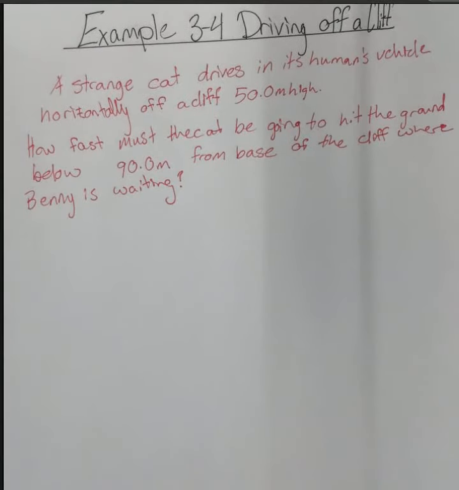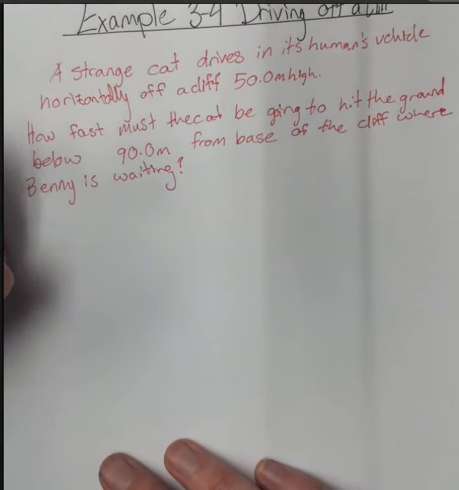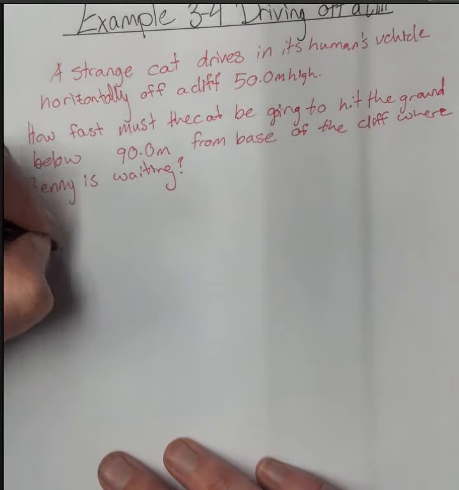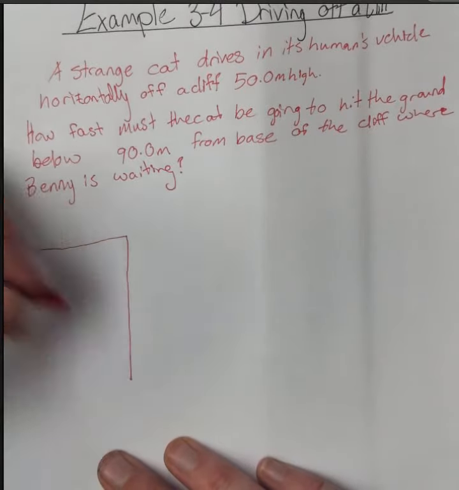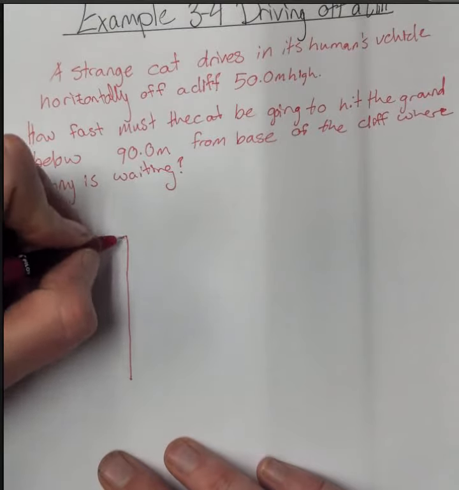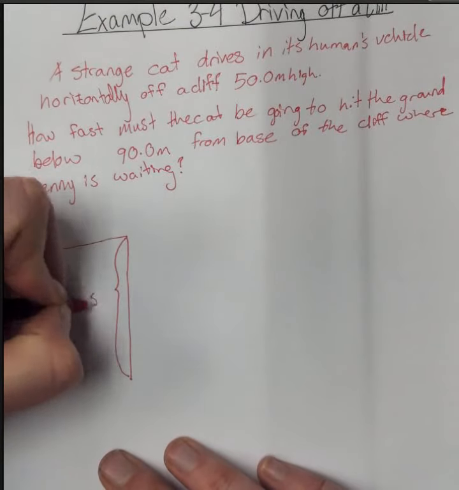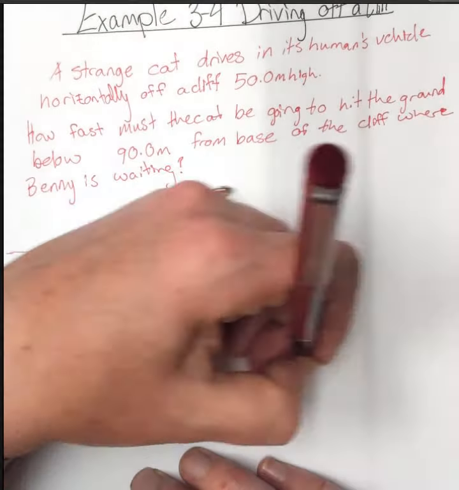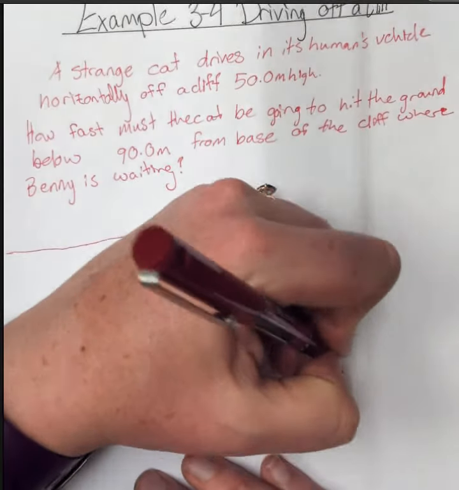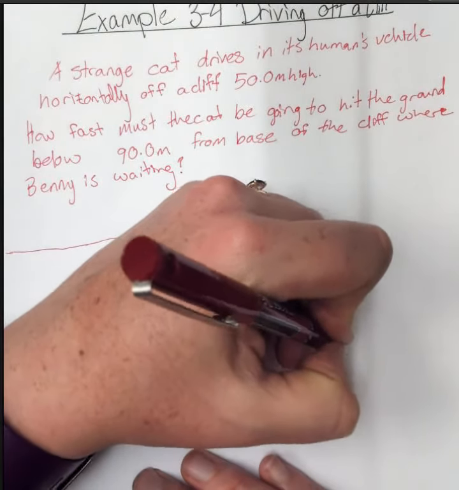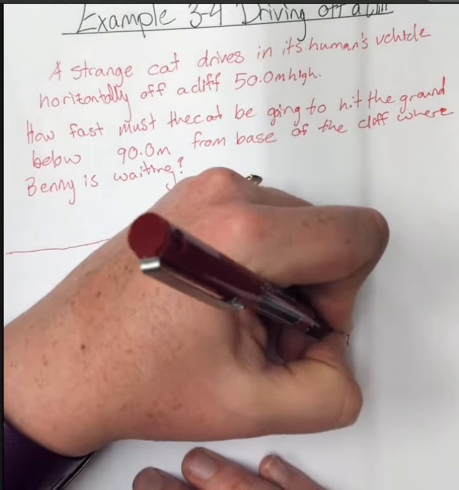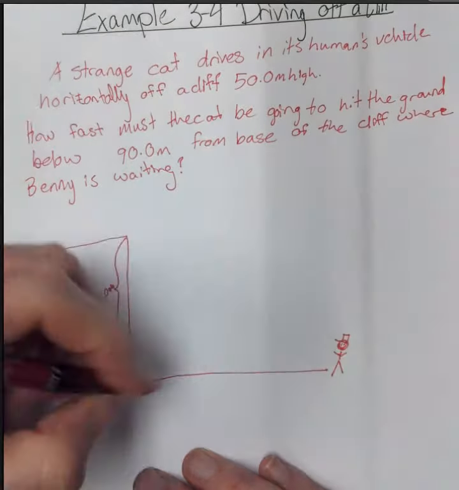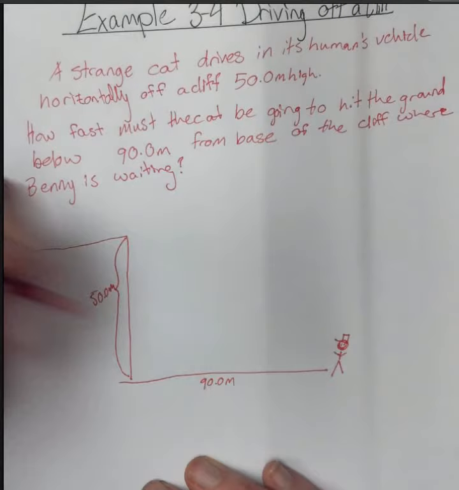So we're going to focus on our problem solving. And for this problem solving, we have to decide that our object is the cat and the cat's car. And the situation is, here is a cliff of some 50 meters high, right? And Benny is waiting some 90 meters away.